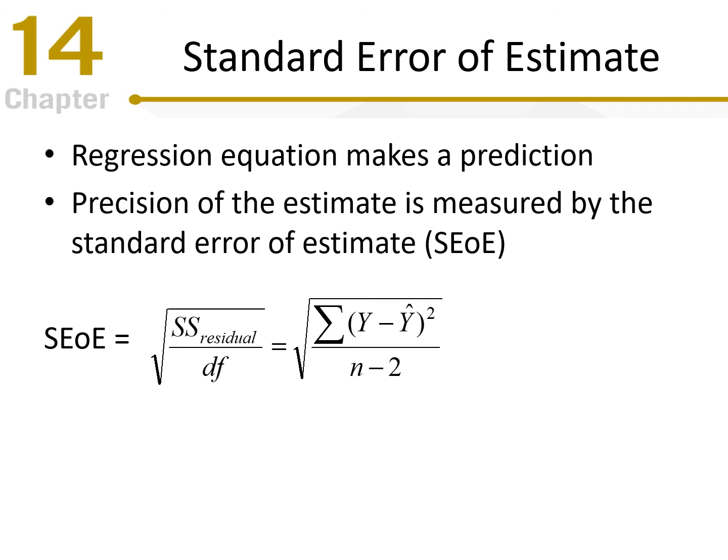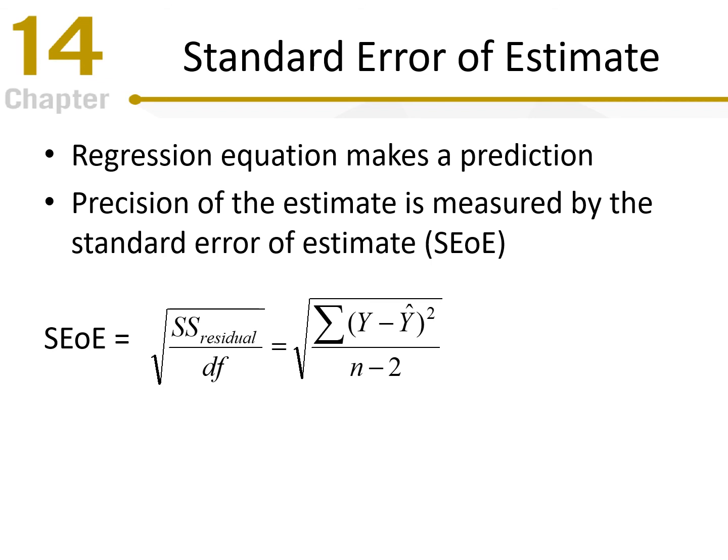It gives you an average amount of error in prediction overall. So what's the average error across all the data points? And that can help you determine whether your regression line is helpful, it's useful, or it's not so useful.